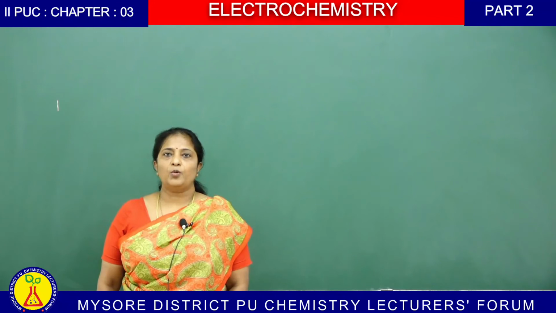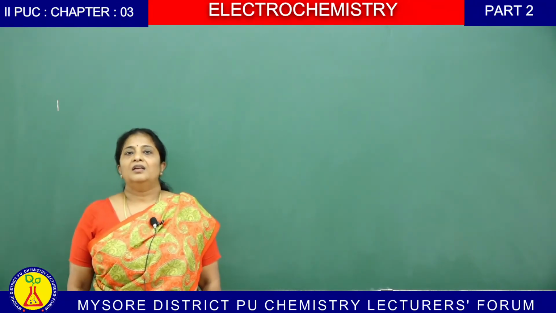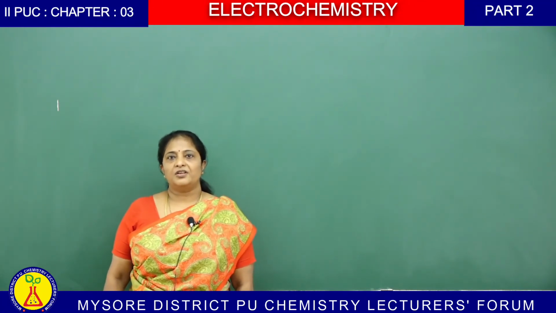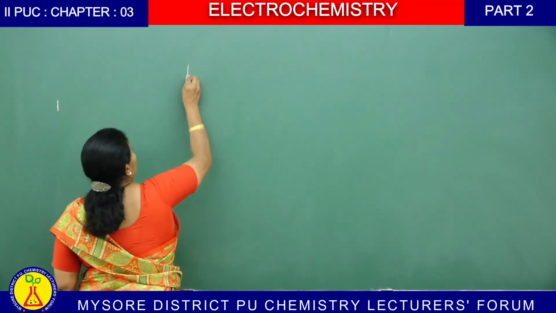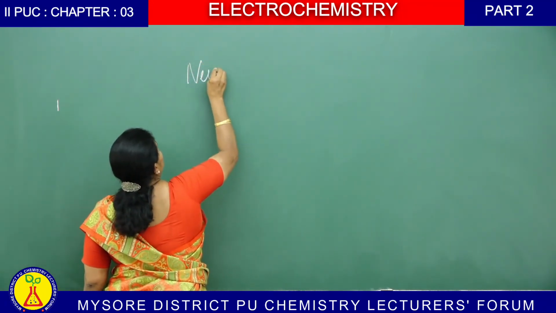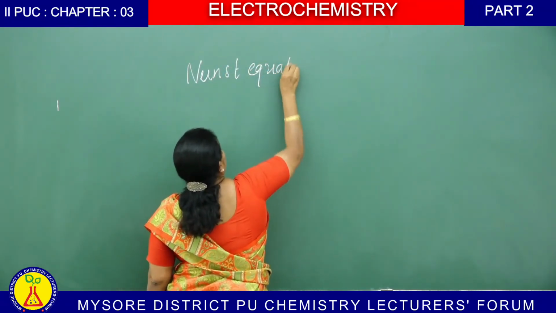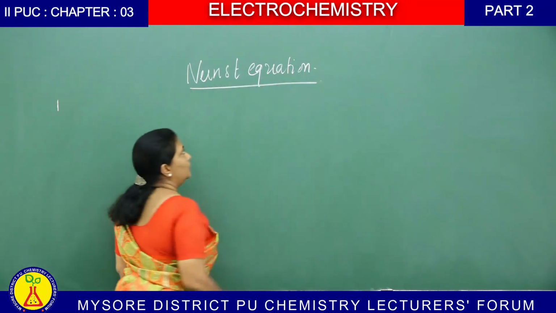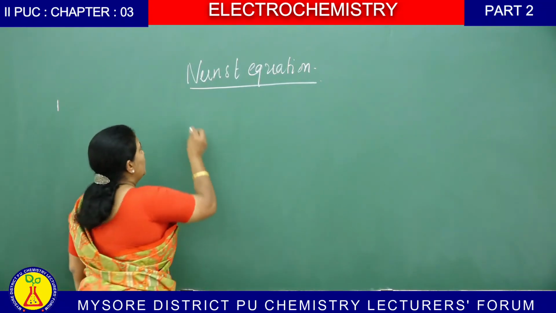Nernst gave an equation which gave a relationship between the electrode potential, temperature, and the concentration of the ions, and that equation is known as the Nernst equation. So, now let us derive the Nernst equation.